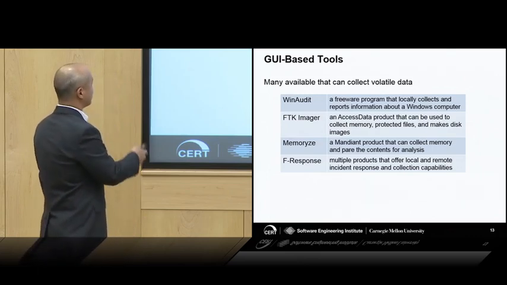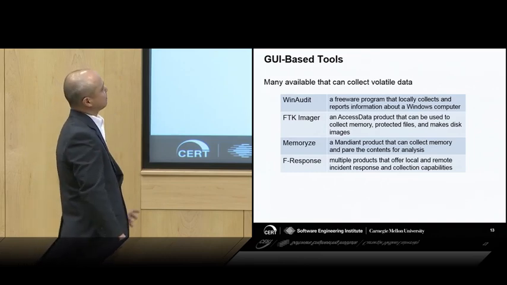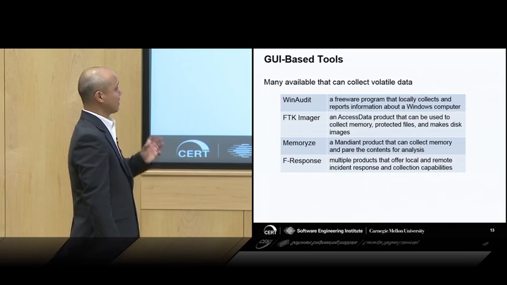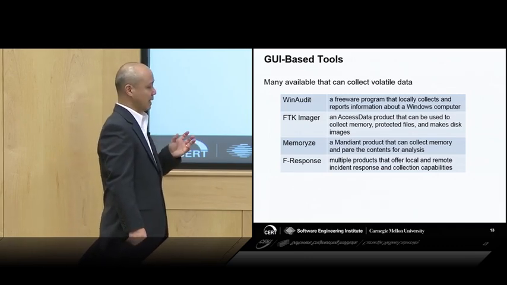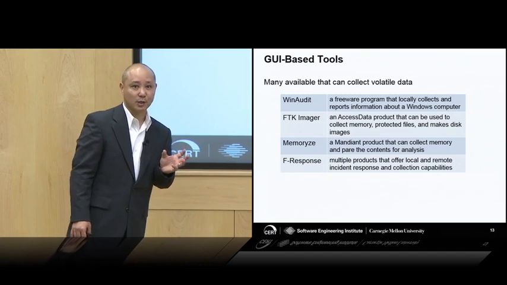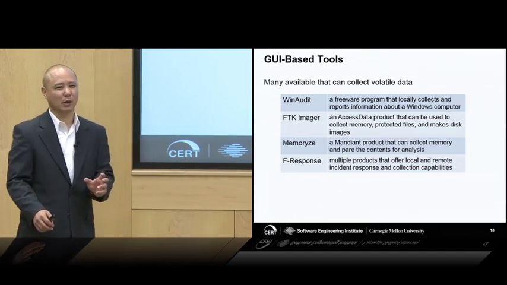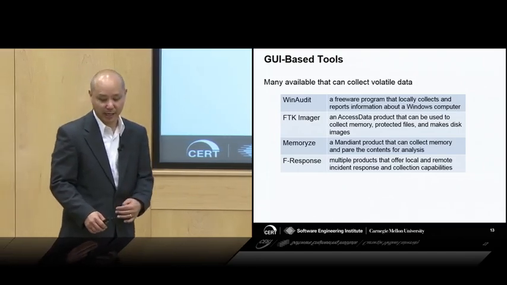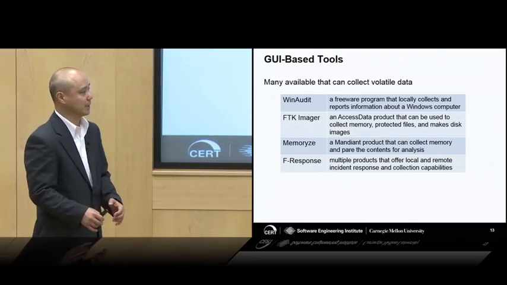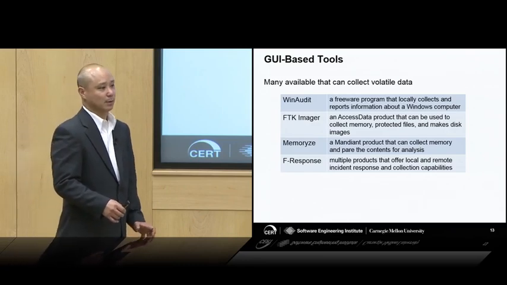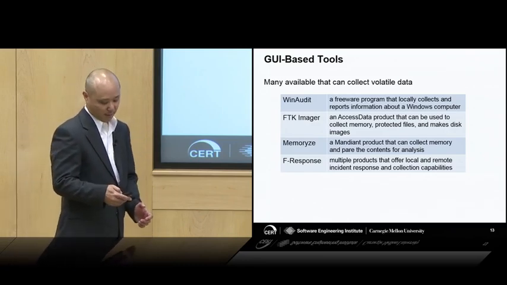F-Response is one of those tools that, even though it allows you to do things locally, is better known for its remote incident response capability. I don't know exactly the technology, whether it's using tunneling or what, but they are known to do remote collection very well.